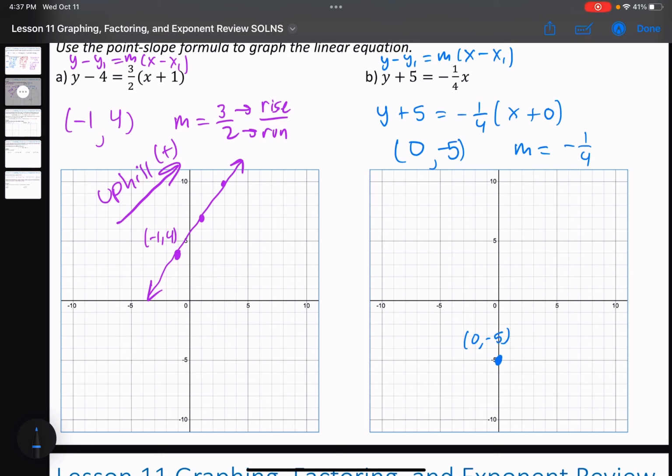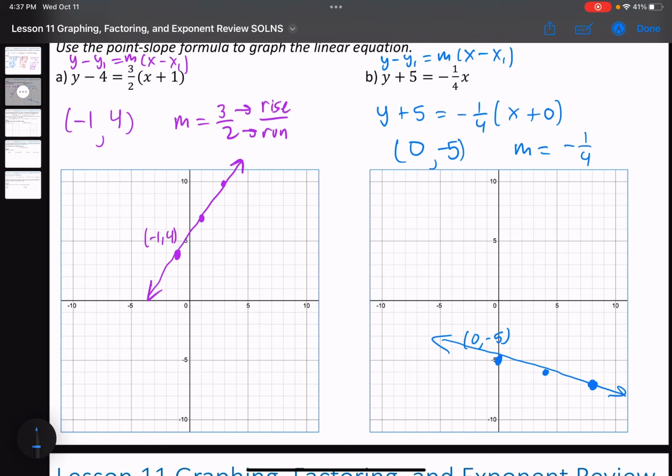And our slope is going to go down 1 over 1, 2, 3, 4. We can go ahead and draw a little line like this, where we have a negative slope because it's going downhill, and we're able to check to make sure everything makes sense.